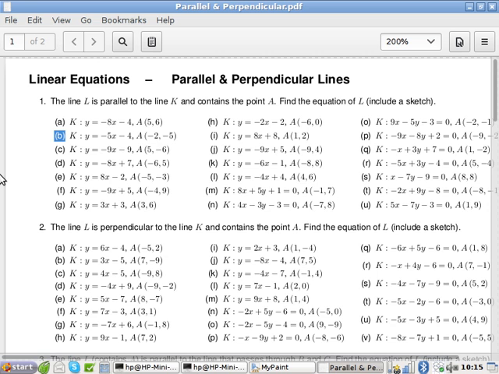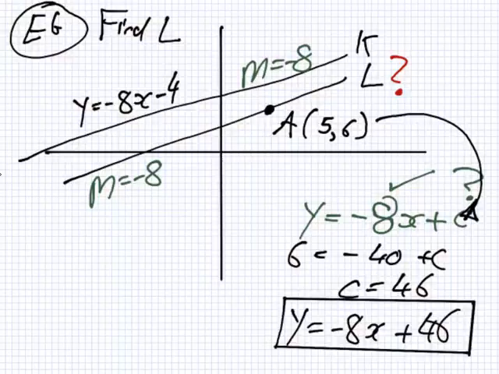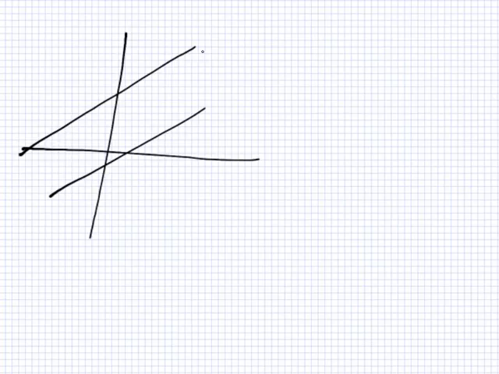Okay, let's have a look. What was this line here? Y equals... minus 4? And then this line, what point was it? Minus 2, minus 5.